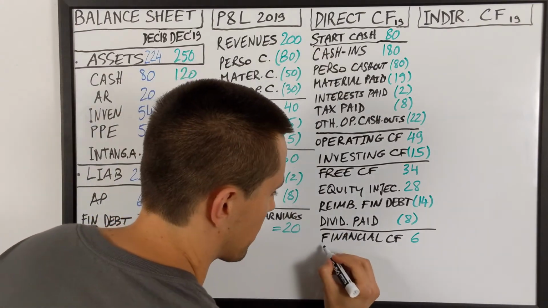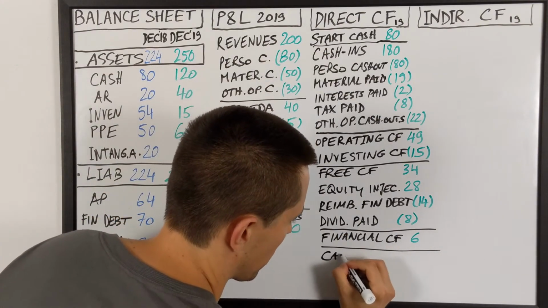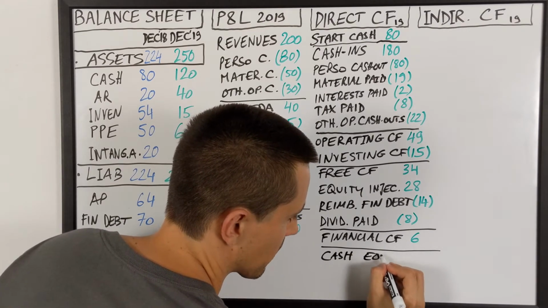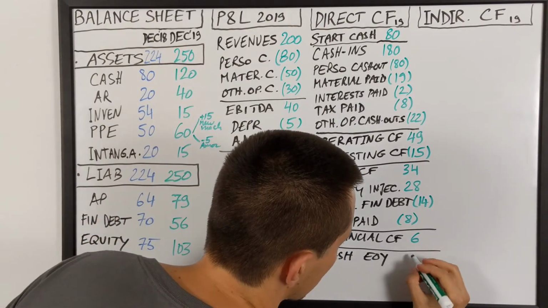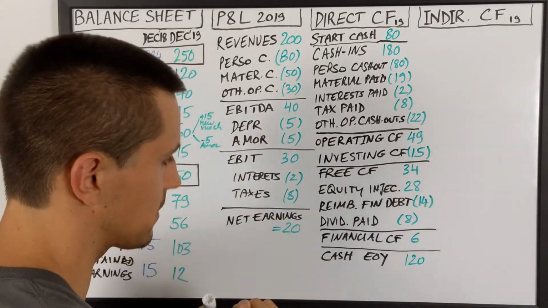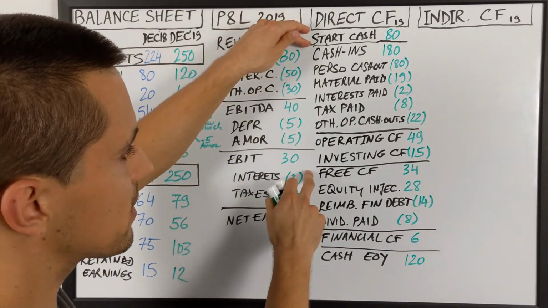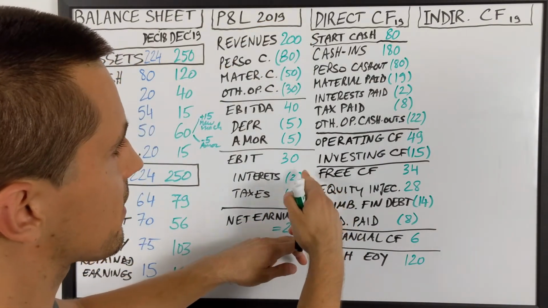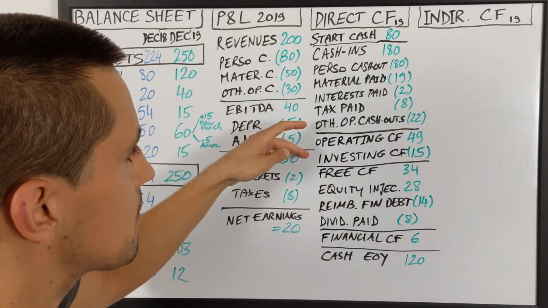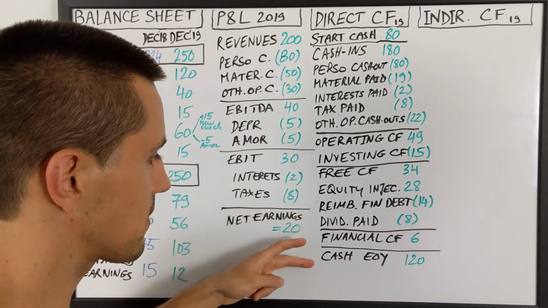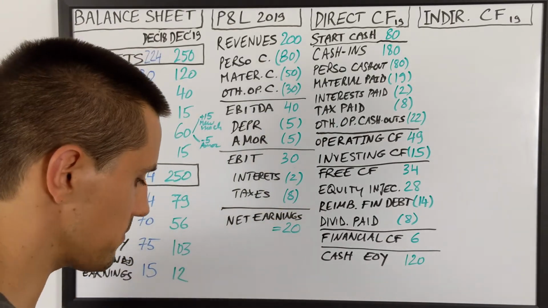So you have cash end of year. It's gonna be 120. And it's basically starting cash plus free cash plus financial cash. So it's 80 plus 34 plus 6 equals 120.